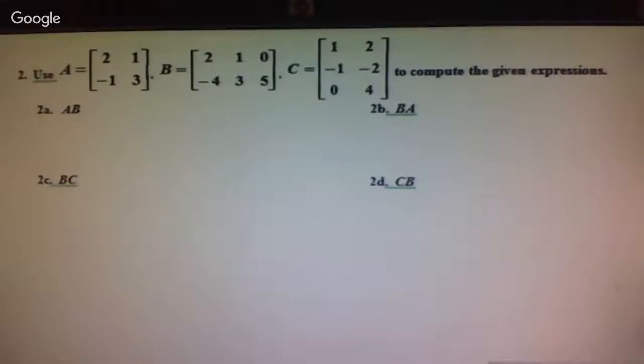If you see AB, that means A times B. BA is B times A. BC and CB. If you end up with an error where it says mismatched dimensions, that means something went wrong. You're trying to multiply something like this, which can't happen because the 2 and the 3 don't match.